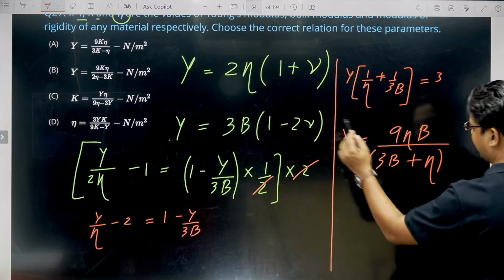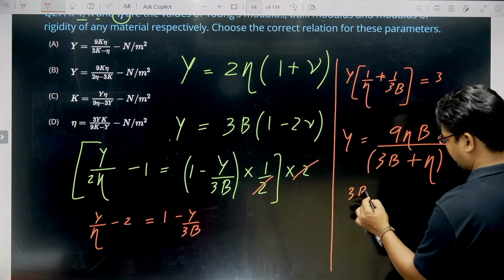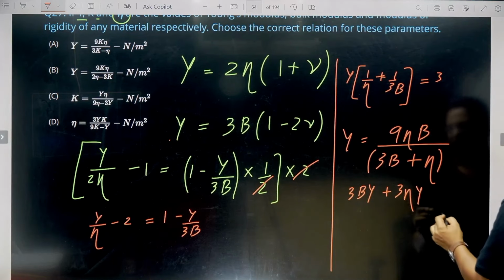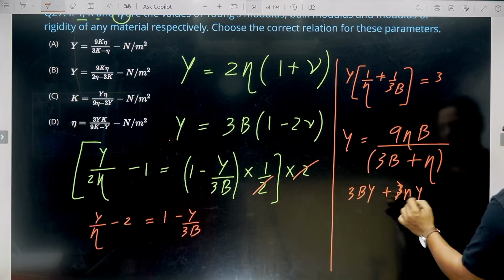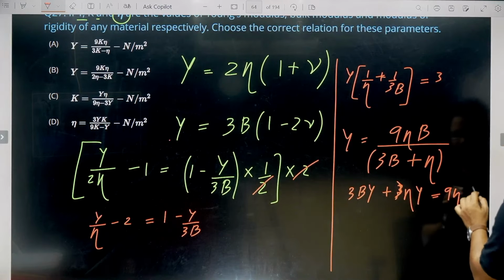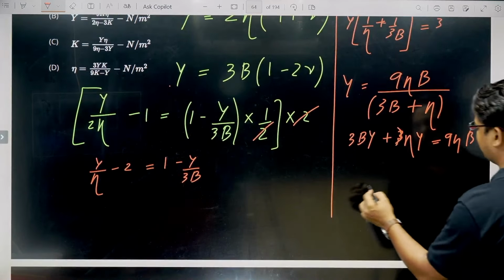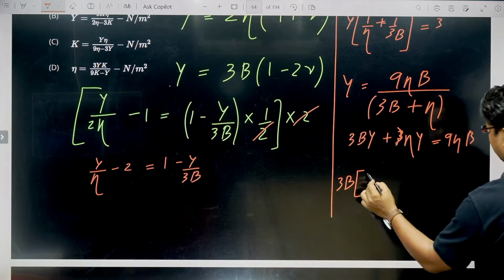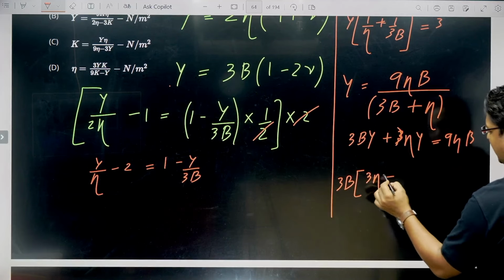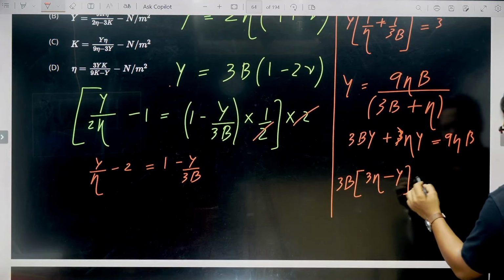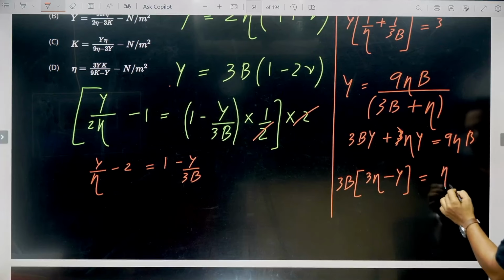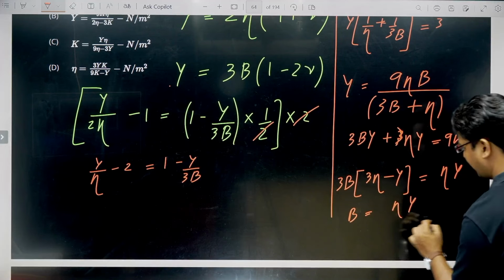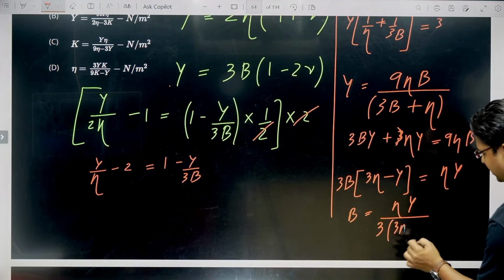If I take it to the other side, it becomes 3BY plus eta Y equals 9 eta B. The 3 will not be there before eta Y. If I want to keep B on one side, then it becomes B into 3 eta minus Y equals eta into Y. So B will become eta Y divided by 3 into 3 eta minus Y.